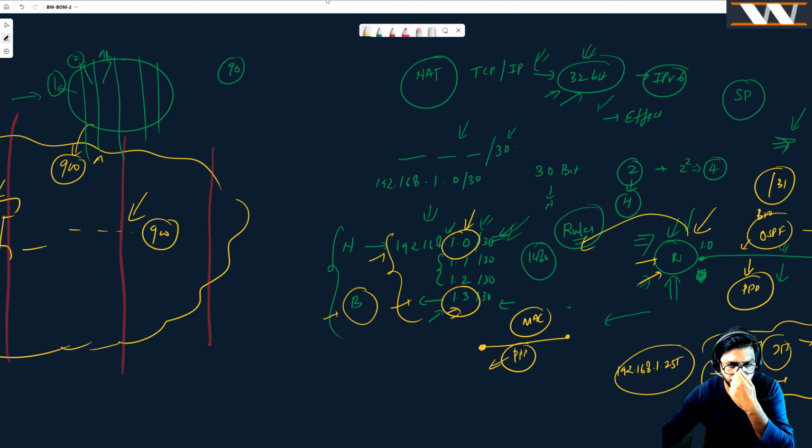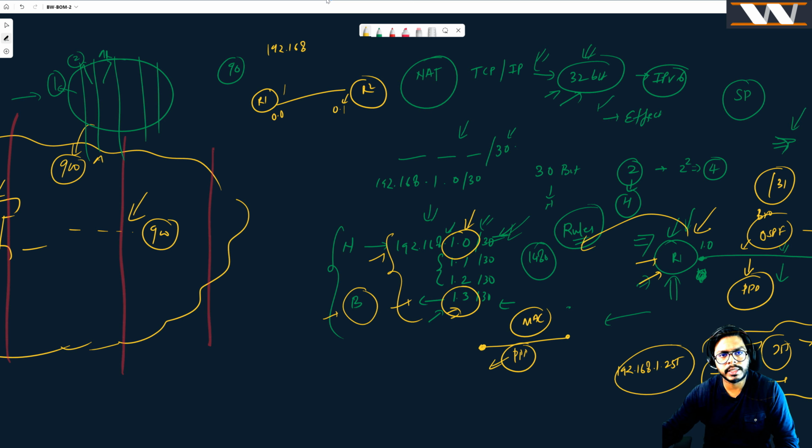Suppose I have two routers here, R1 and R2, and I am using IP address 0.0 here and 0.1 here, and I'm using this subnet 192.168.1.0/31, right?